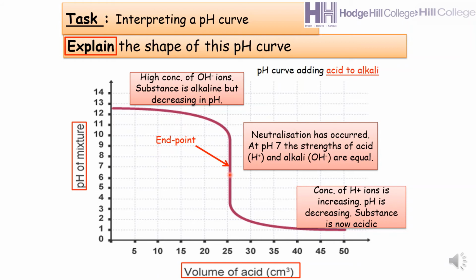So at pH 5 and 6, you have a low concentration of H plus ions. As you start going further down, the concentration of H plus ions eventually increases, and the substance becomes a lot more acidic. So please remember these points for the task, and you can annotate your graph as we're going along.